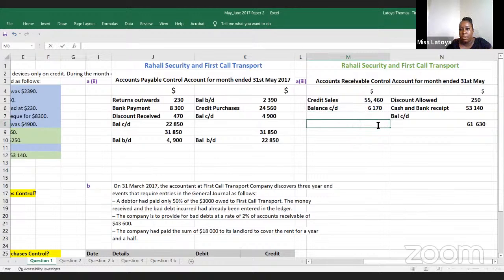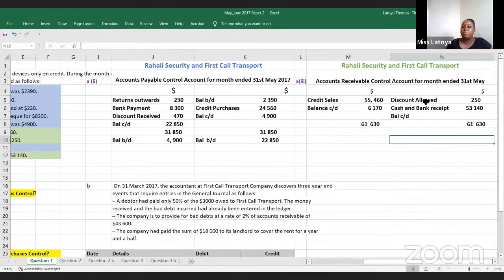Now we need to subtract 53,140 plus 250, that balance, from 61,330 to get our carried down figure.